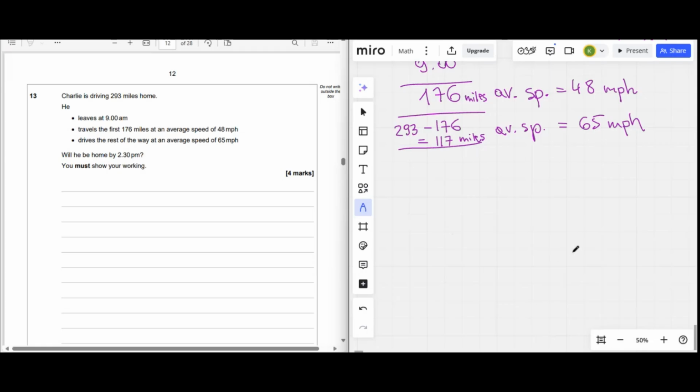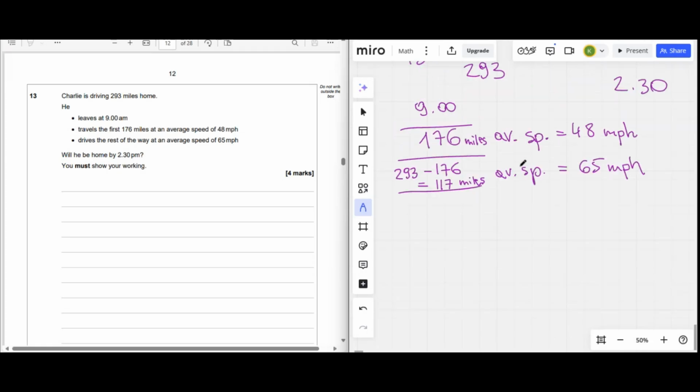Let's find the time for each of them. Again, average speed is total distance by total time. Let's take the first part of the journey: 48 miles per hour, and that's 176 miles by the total time.